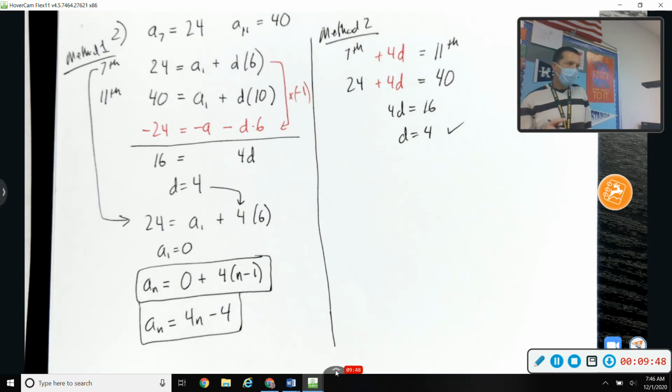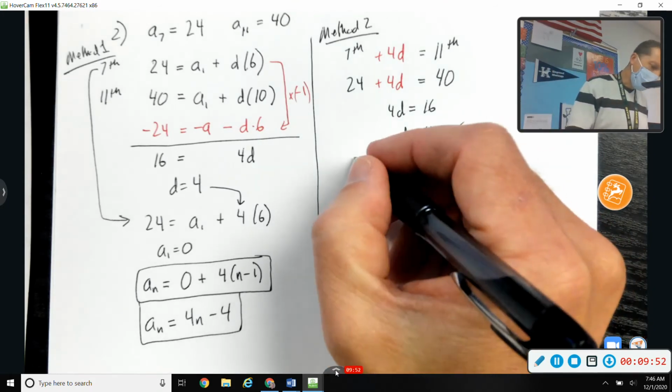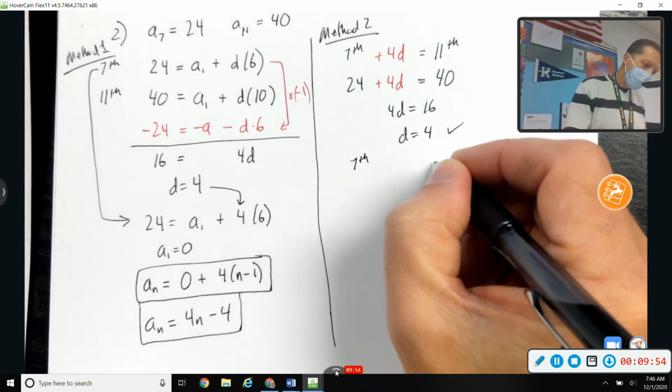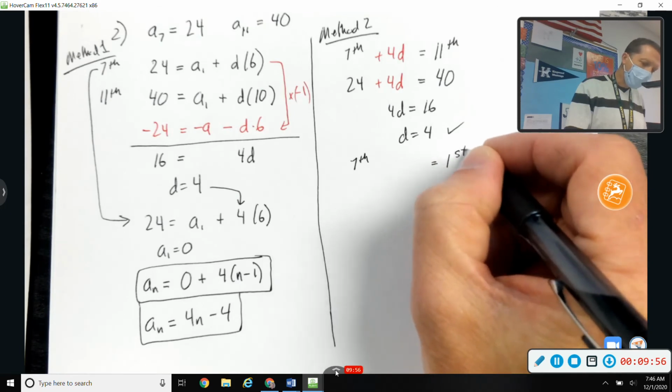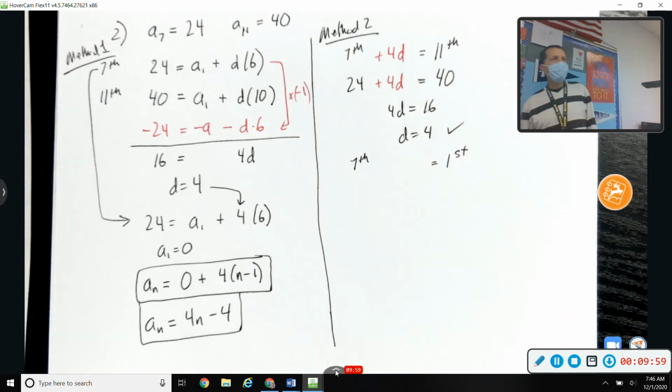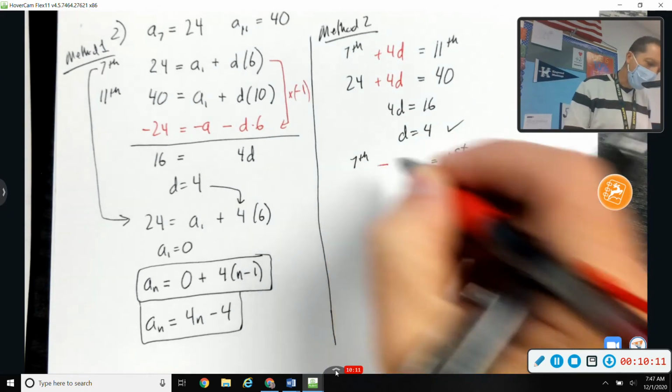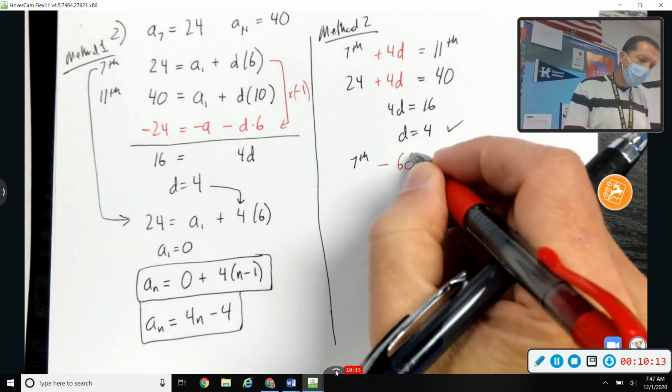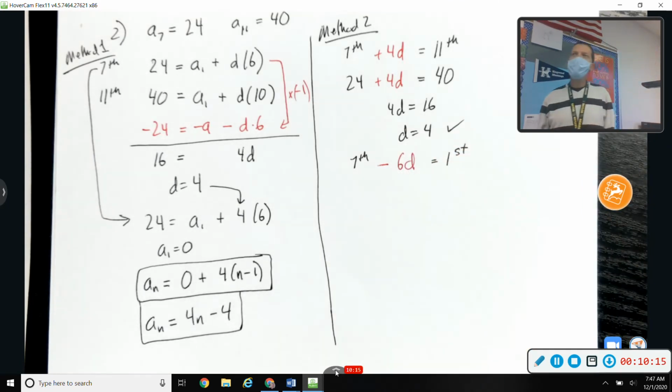But then I still need to find A1. So if I start at the 7th term, and I want to back up to the first term, how many differences does it take to get back to the first term? How many steps do I need to back up? 6. So I need to back up minus 6 differences to get to the first term.